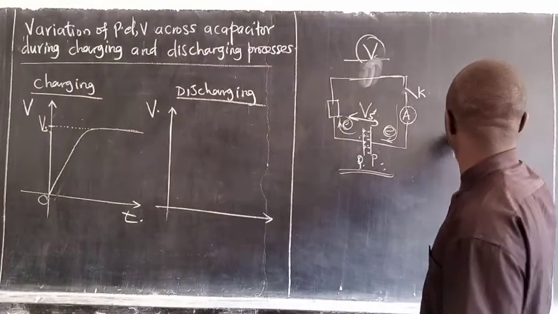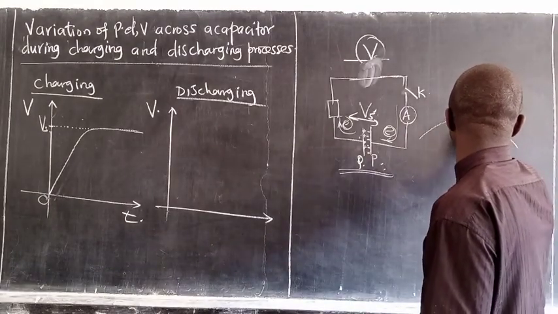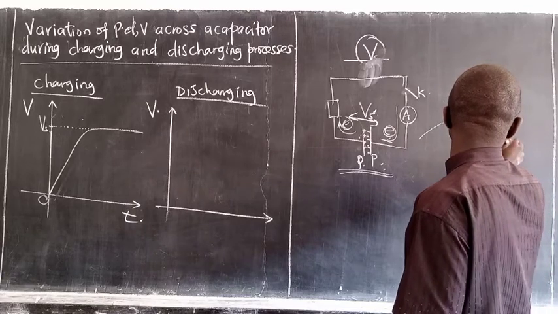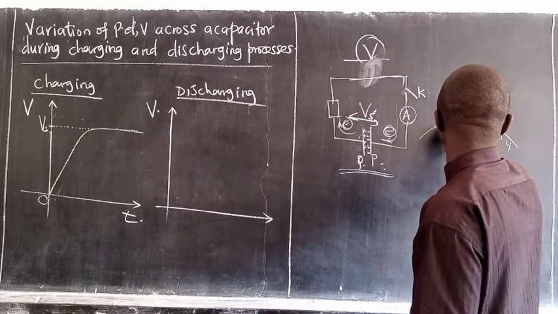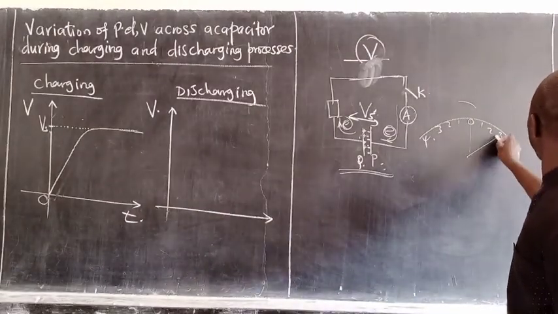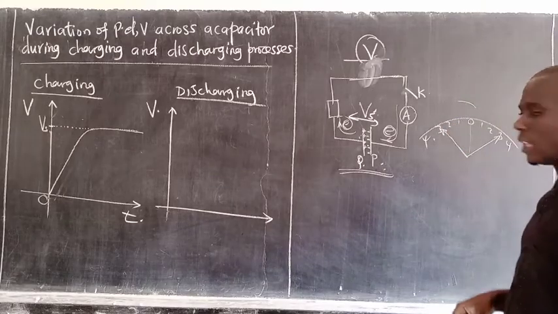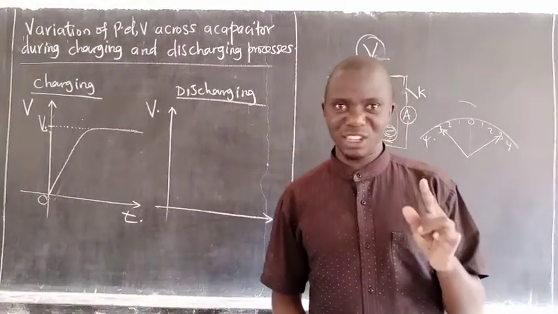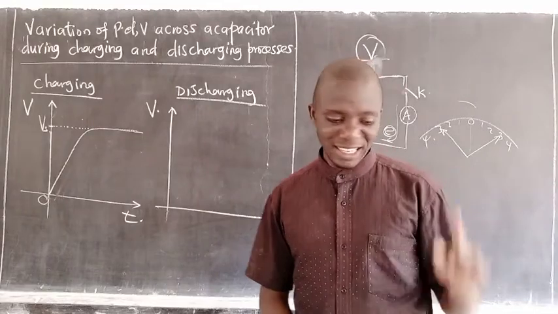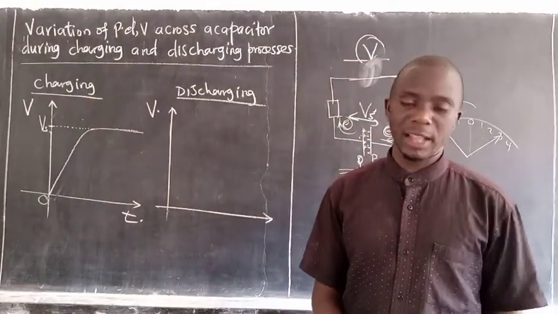This meter is supposed to be this kind of a meter, which has a 0 here, and 1, 2, 3, 4 on each side. So if it had shown this one here, this time it will show this one, the same maximum deflection but in the opposite direction, and it will also become 0 at that point.